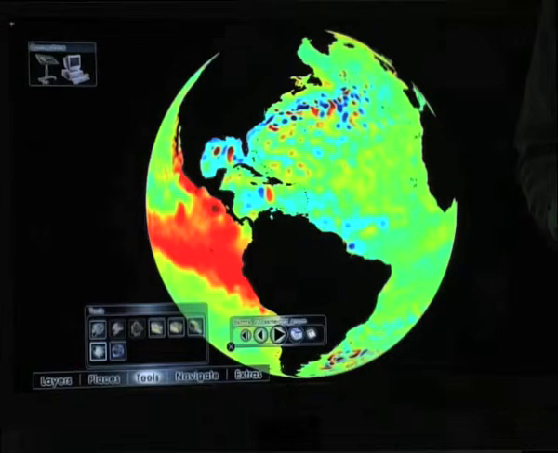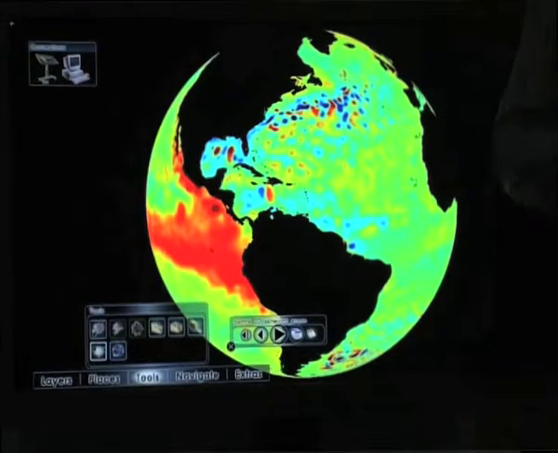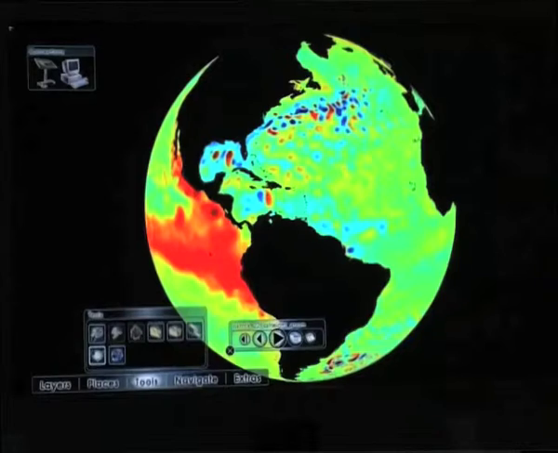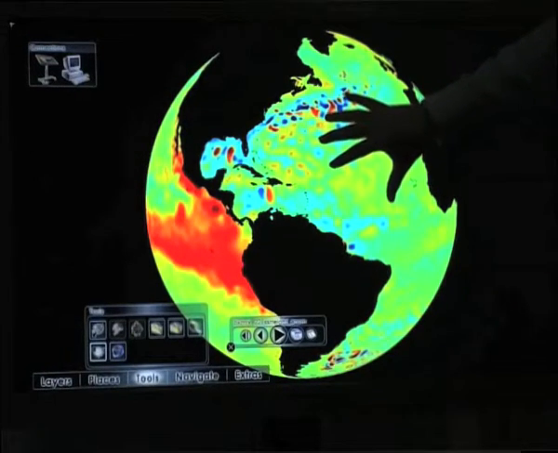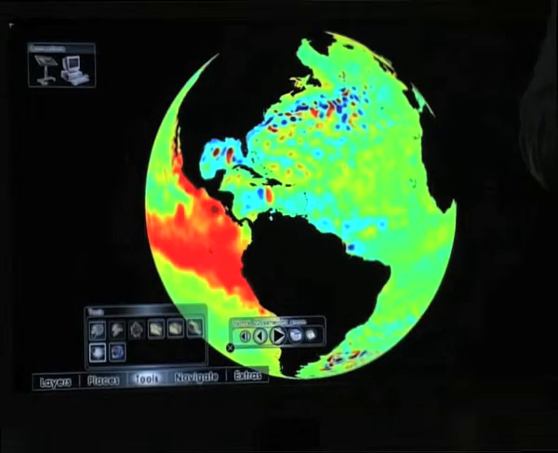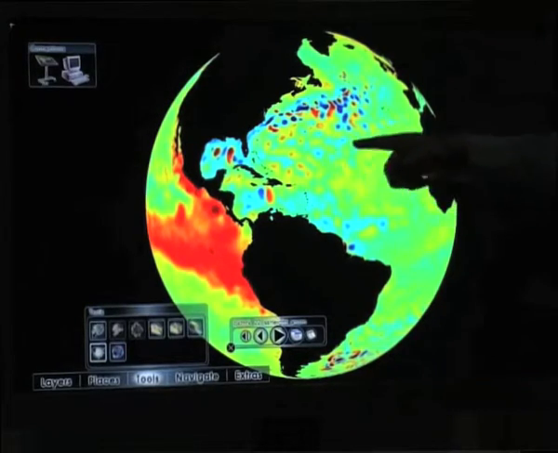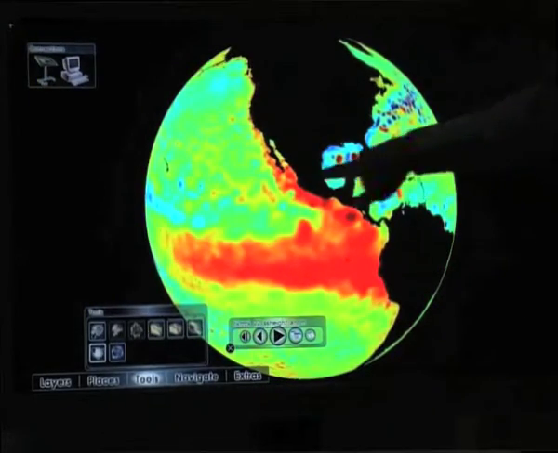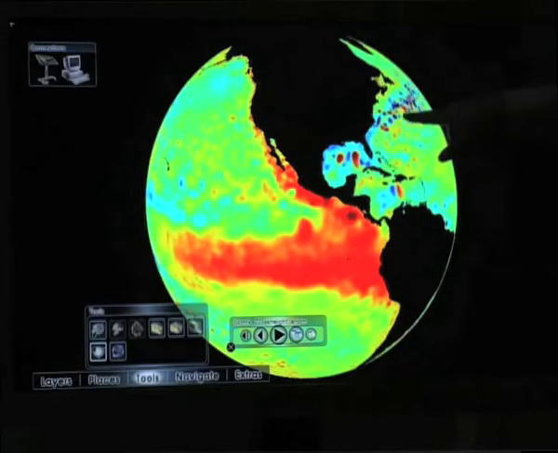So there's another satellite that orbits the Earth called Topex Poseidon, and it measures the height of the ocean. And what you're seeing here is the height of the ocean. Now keep in mind, when it's warmer, it's higher. When it's colder, it's lower. So we color-coded this to show warm temperatures as higher water, cooler temperatures as lower water.